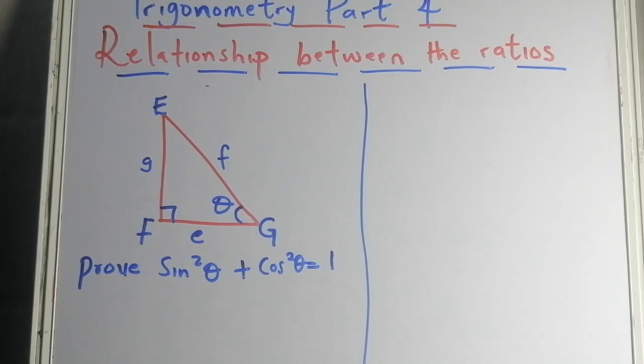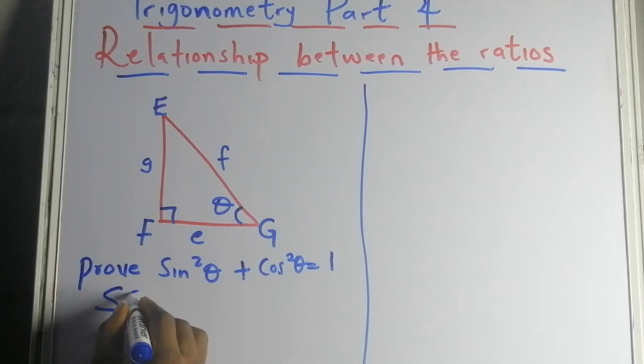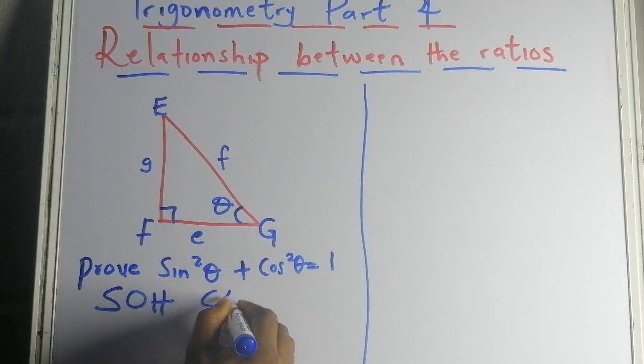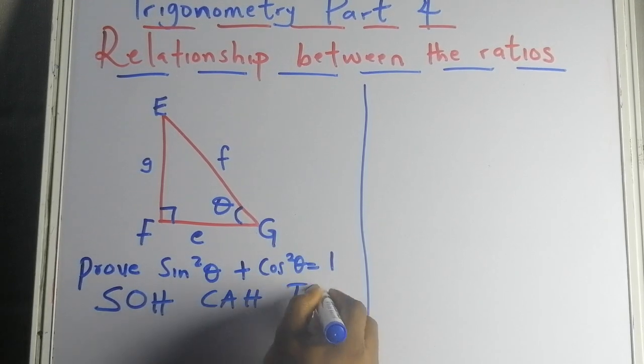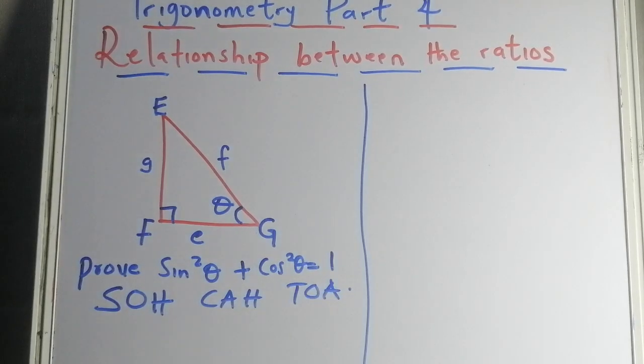Like I said, the first thing we need to do here is that we can get our SOHCAHTOA, which I've mentioned earlier. From our SOHCAHTOA, I can get my sine theta, my cos theta, and my tan theta.